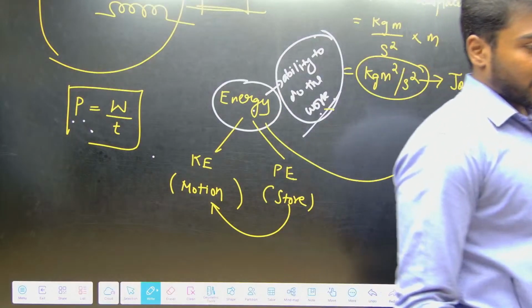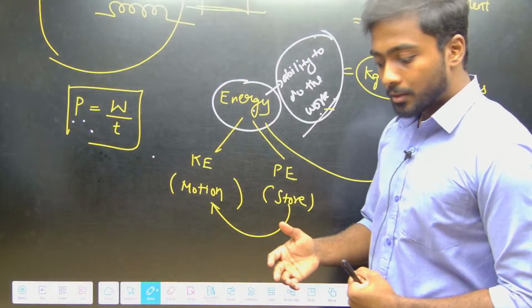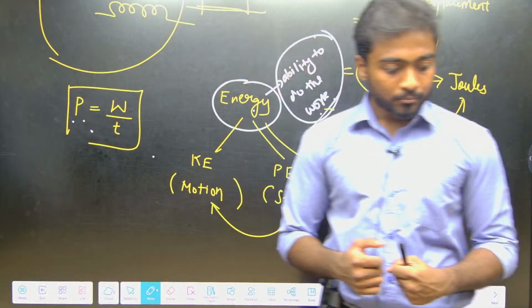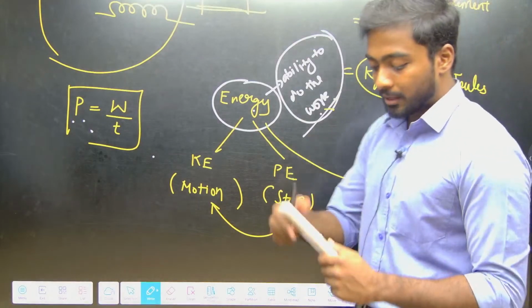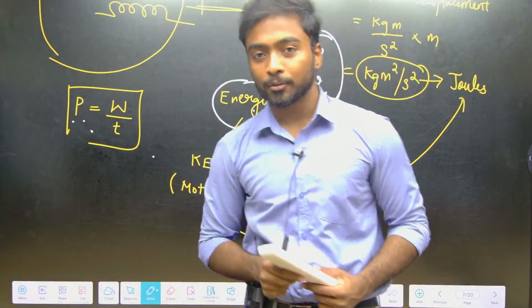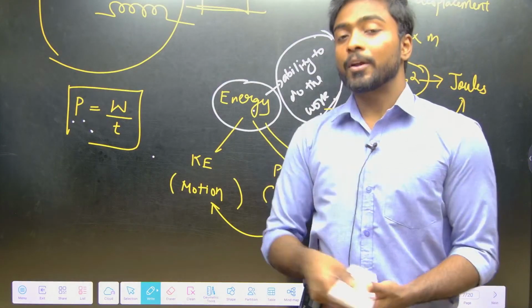But why did we take power as work done by time? See, for example, I am carrying this AC remote from the ground floor to the 7th floor. Is it easy to carry or difficult?